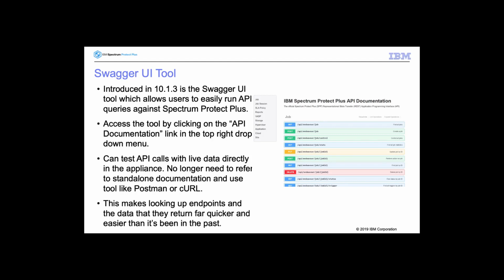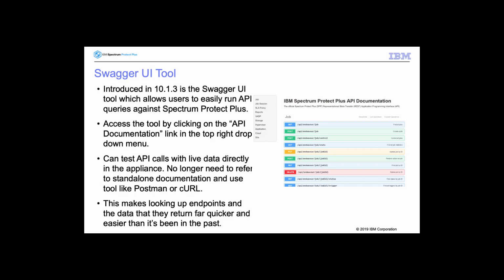What's really neat about this, in addition to providing the documentation grouped like this and outside of a PDF, is that the REST API is live against the Spectrum Protect Plus server.